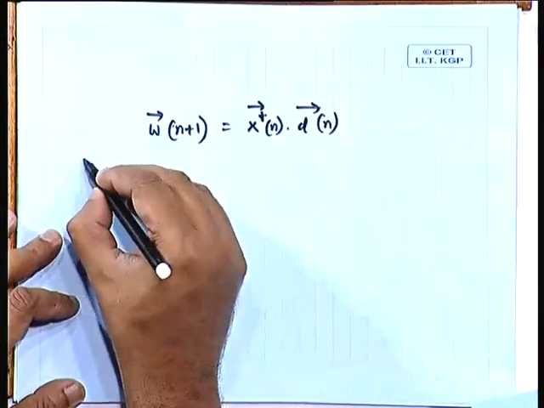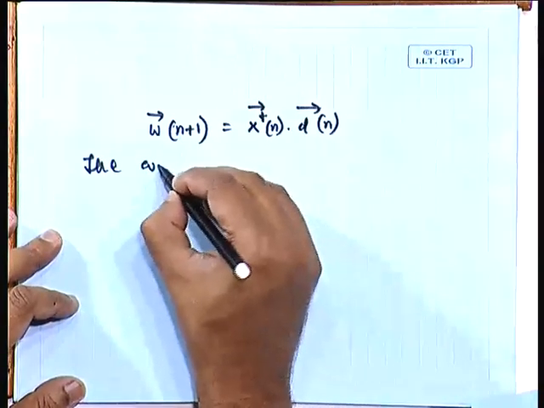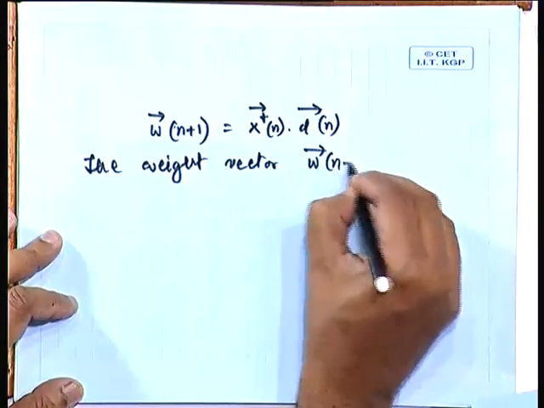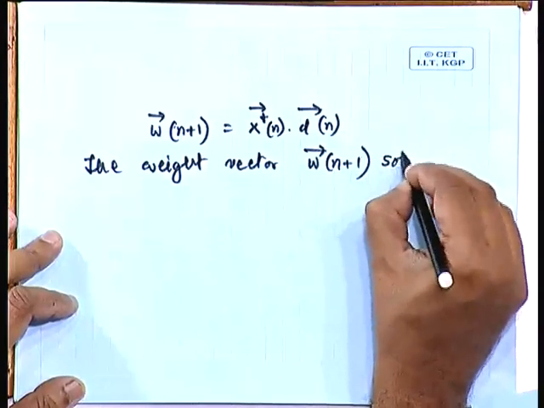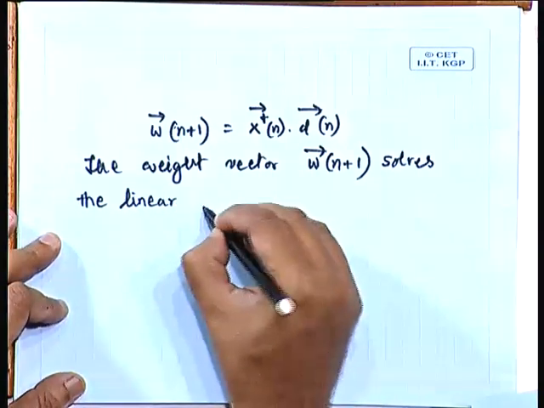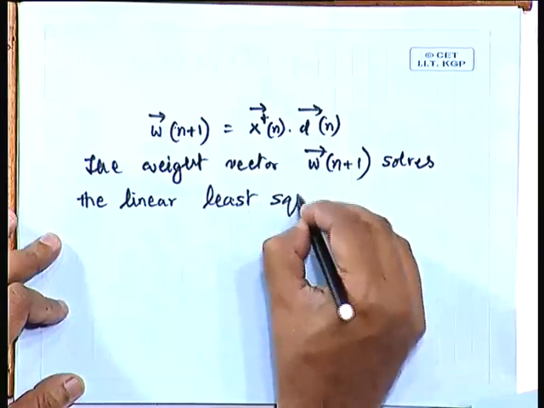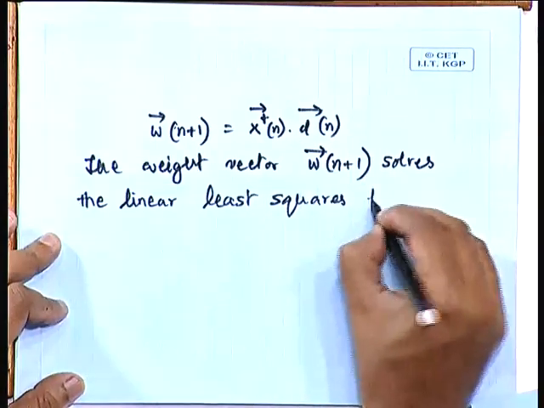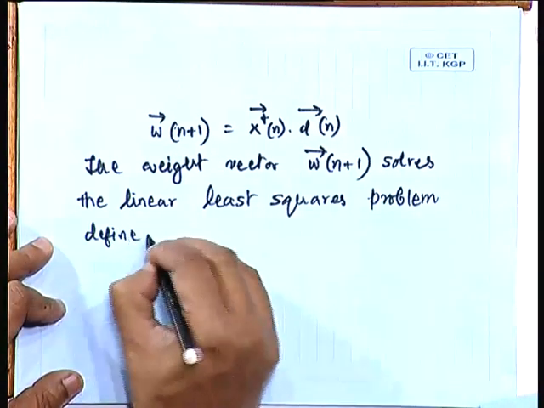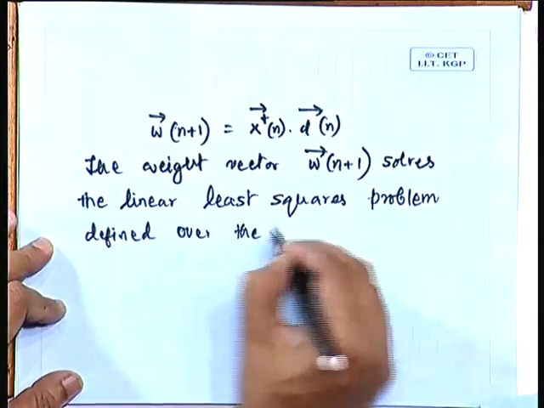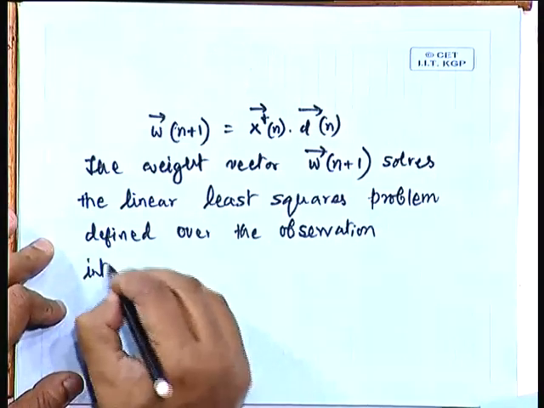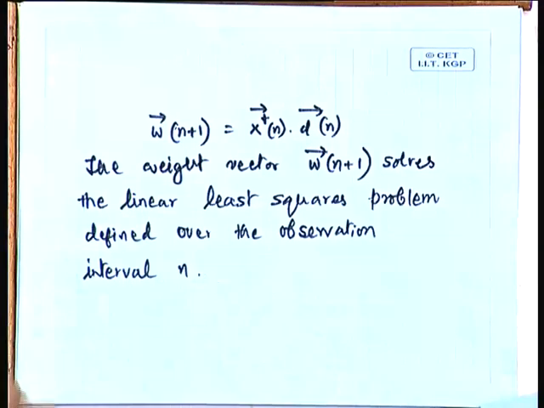So, thus the weight vector solves the linear least square problem defined over the observation interval n. All right.